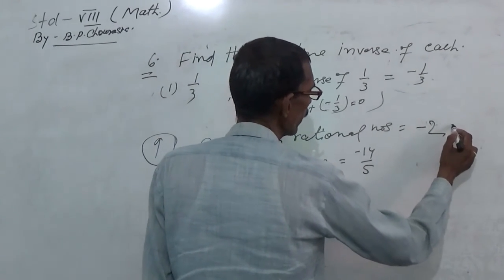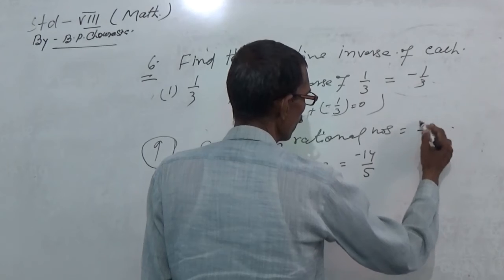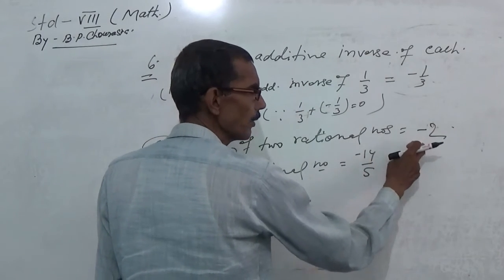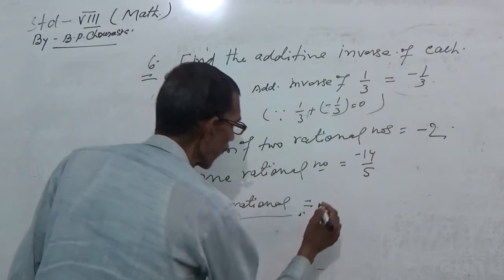This is the sum of two rational numbers. If you subtract the given number from the sum, then you can get the other rational number.